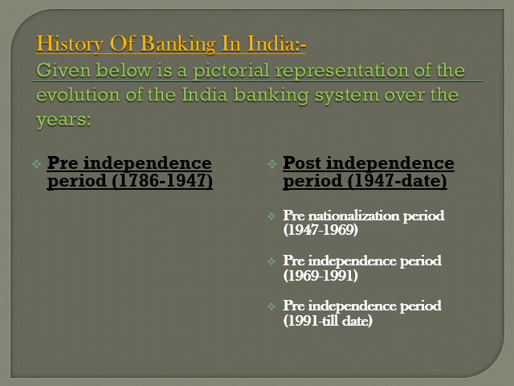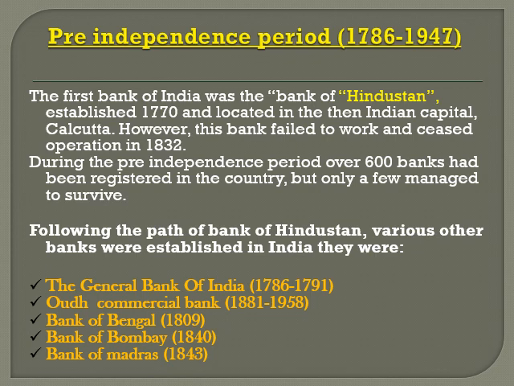Pre-nationalization, post... sorry, here the three points are first phase, second phase, and third phase. Okay, by mistake it has written the same thing, but this is the phase of post-independence period. Okay, pre-independence period 1786 to 1947.